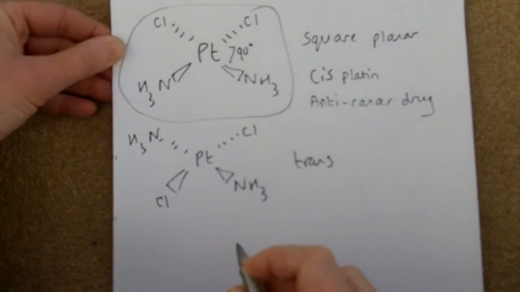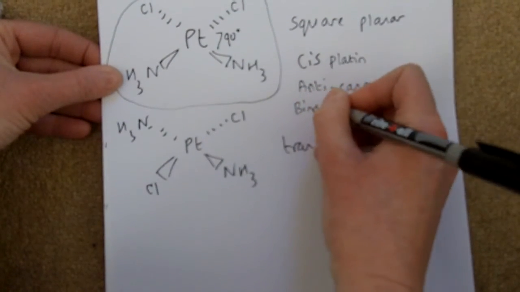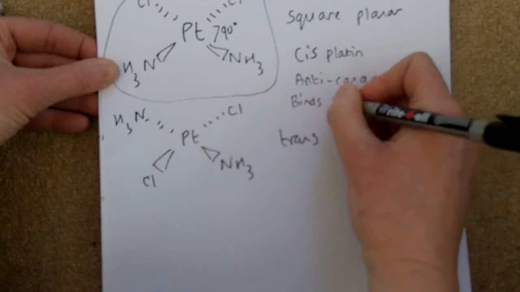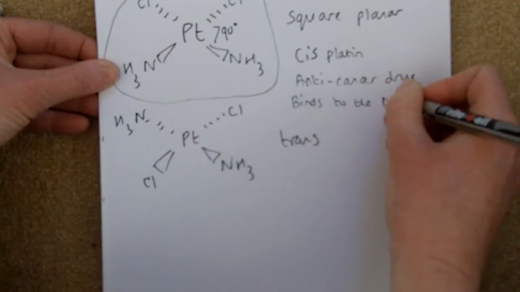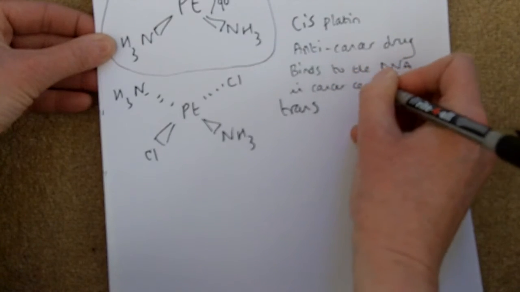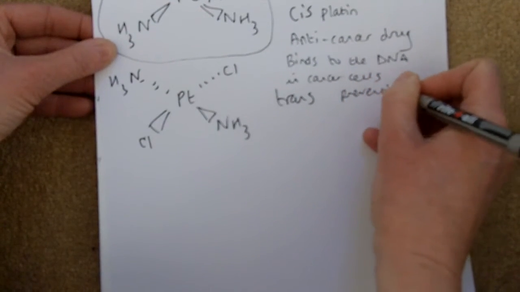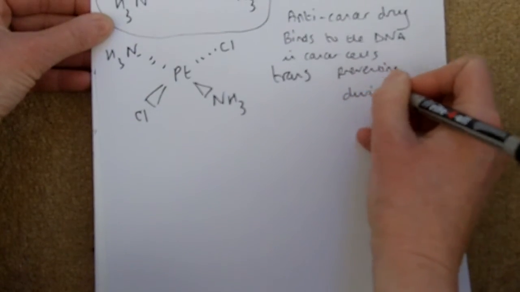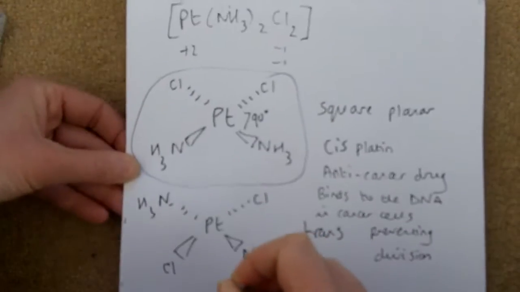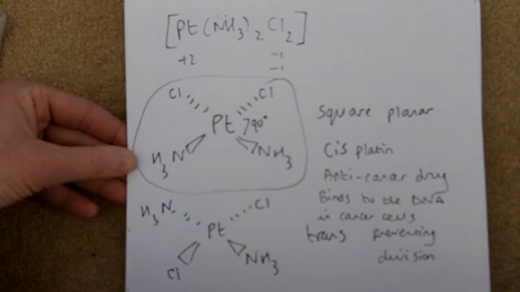It works by binding to the DNA in cancer cells, preventing cell division. It's a really well-known one. So these are stereoisomers called cis-trans stereoisomers.